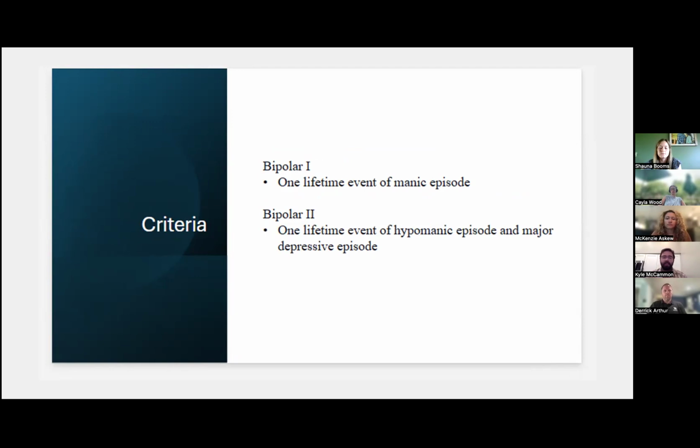Some of the symptoms can include an inflated sense of self-esteem or grandiosity, a decreased need for sleep, being more talkative than usual, and having racing thoughts or ideas. Importantly, this has to cause some sort of social or vocational impairment, which makes it different from hypomania.